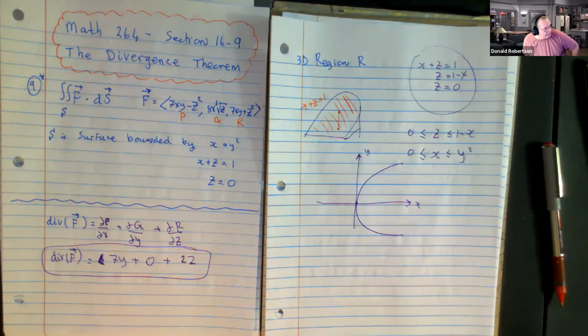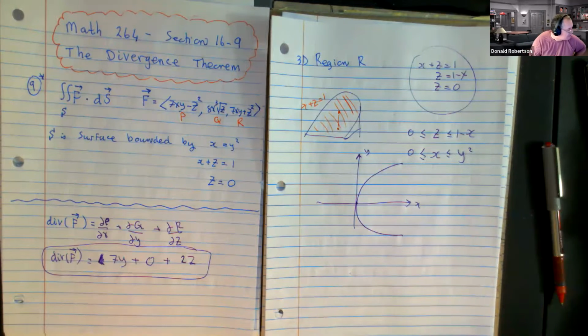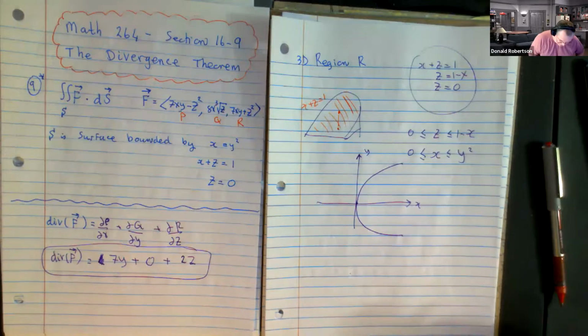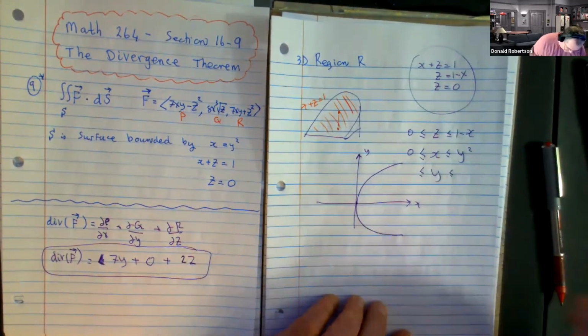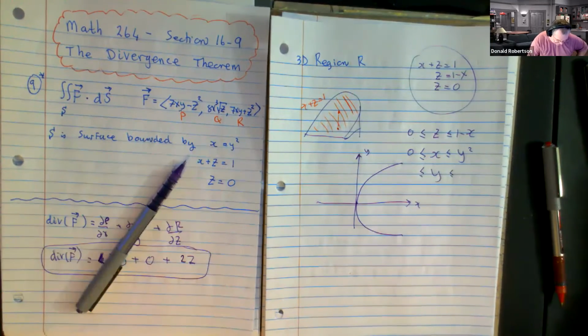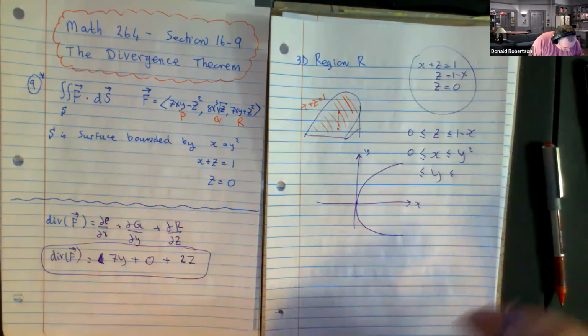Are we comfortable with that? Any issues with that? Okay. And that means I only have one last guy to worry about. And I guess that's going to be my Y value.